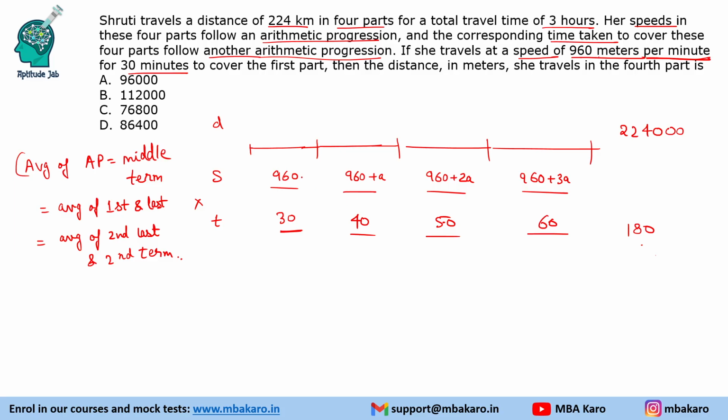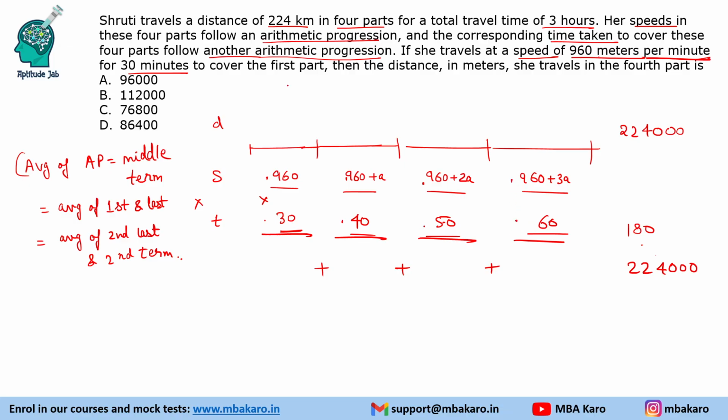Now we need to multiply these and add them to get the value of 224000. A smart way to do it is not to multiply everything separately. See this, 960 is being multiplied by 30, 960 by 40, 960 by 50, 960 by 60, and we are adding them.